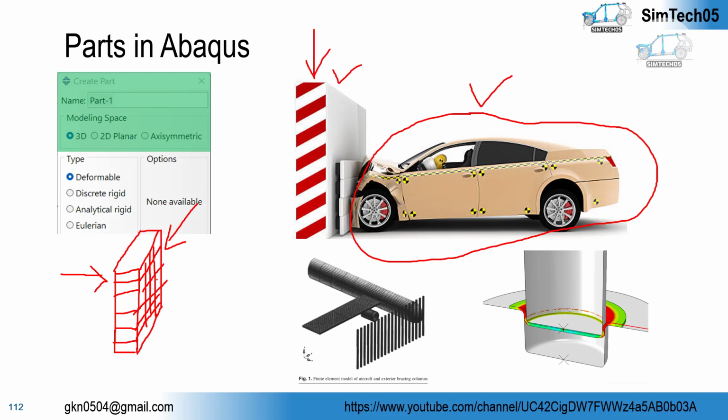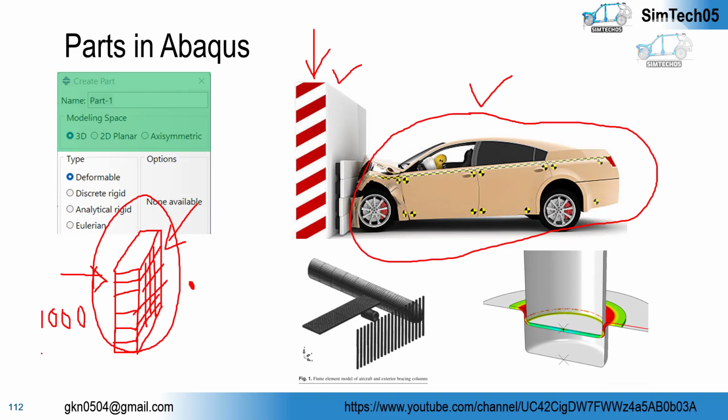So what we will do, we make it a rigid component. Okay, we make it a rigid component. So all the elements' degrees of freedom will be restricted to one point, and that point is called the reference point. You may think like here we have 10,000 elements, or for the sake of simplicity consider 1000 elements, and each element has 3 degrees of freedom.